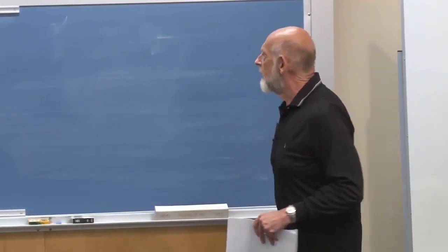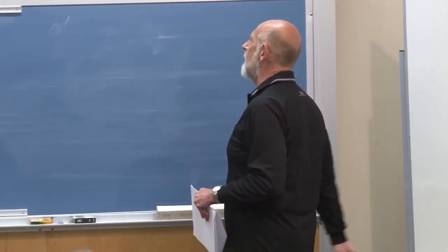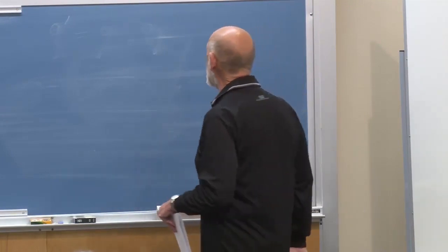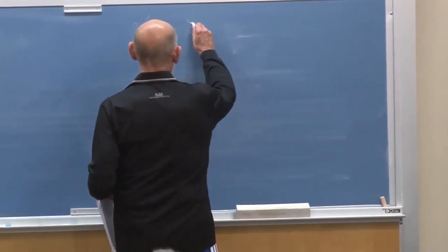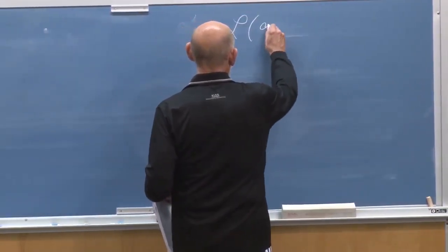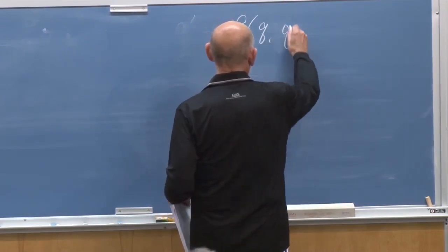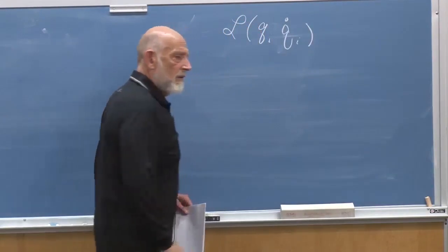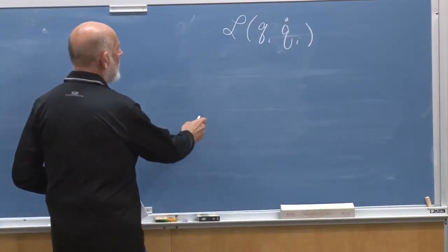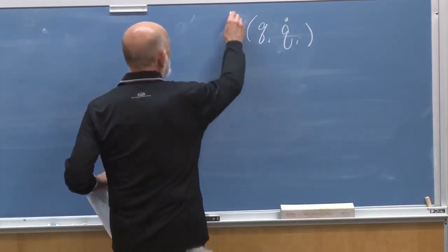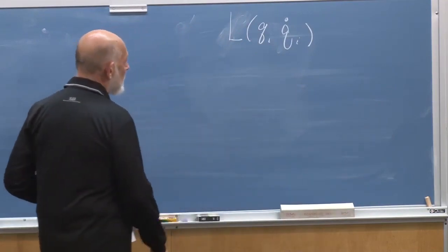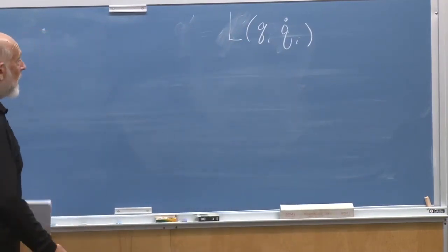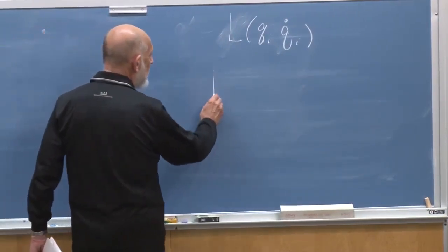I'll just write down the formulas, not derive them. Given a Lagrangian, which is a function of Q's and Q dots, there's another quantity called the Hamiltonian. The Hamiltonian is conserved, and it is the energy.